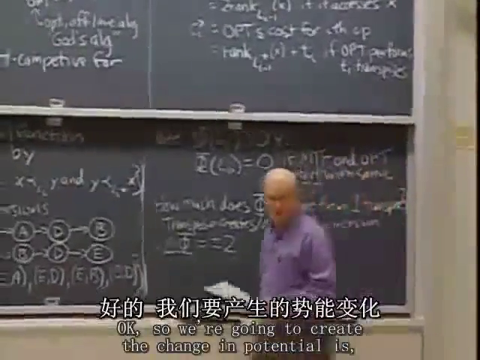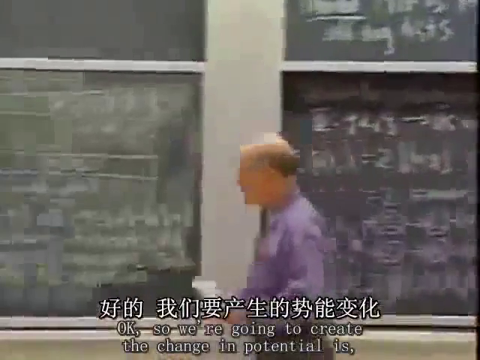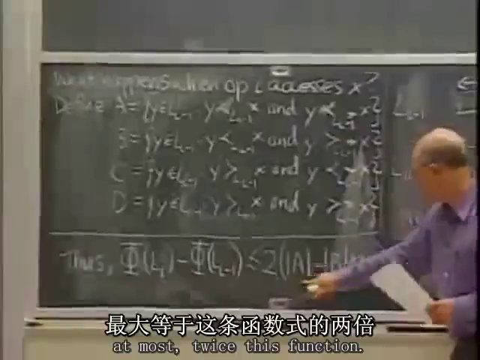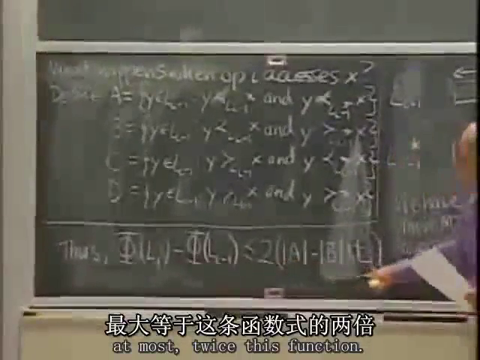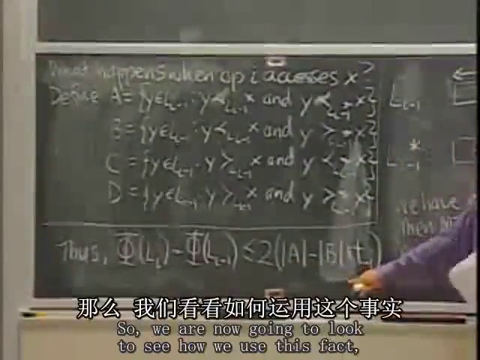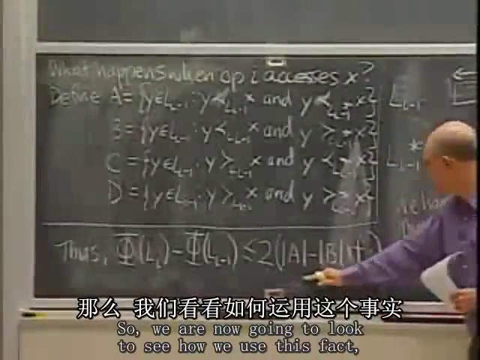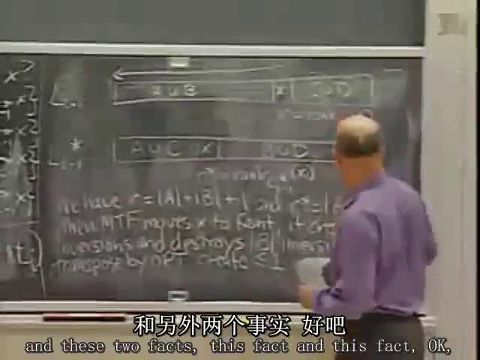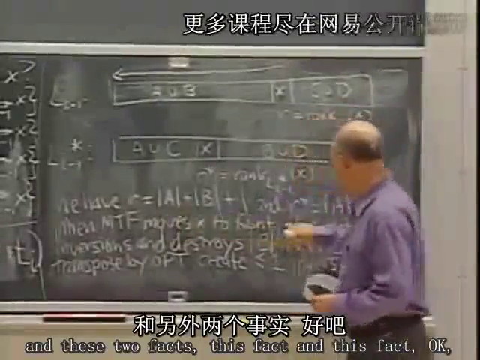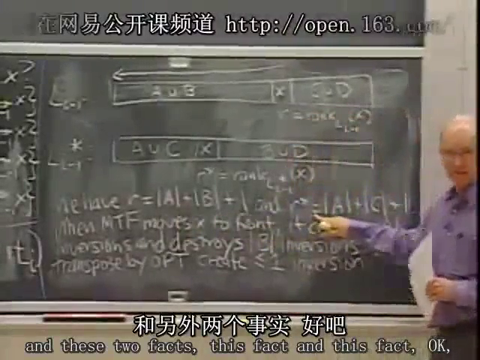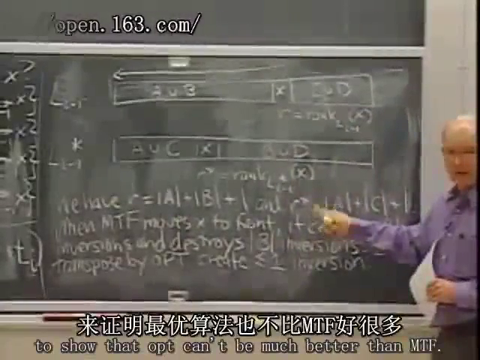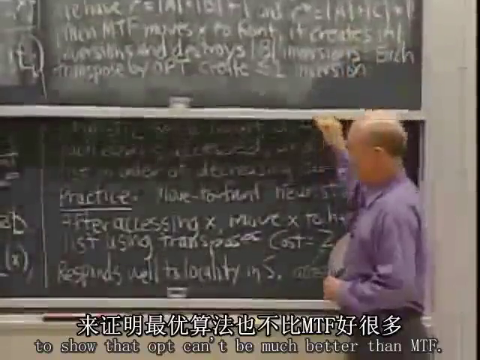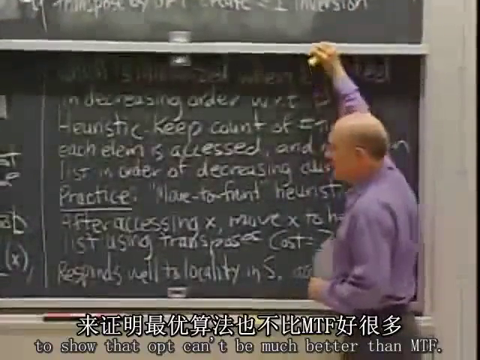So the change in potential is at most twice this function. We're now going to look at how we use this fact and this fact to show that OPT can't be much better than MTF.